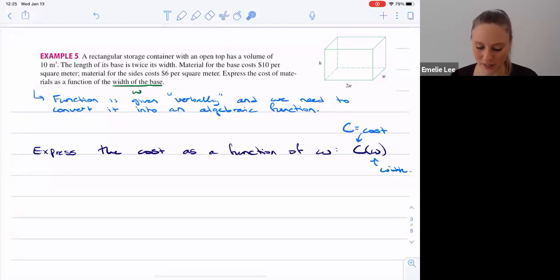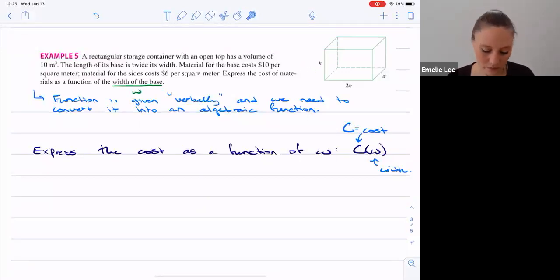The tricky part comes in when we have to incorporate H. So that's why we have this additional information, and that's going to be a common theme of these problems that we're solving, right? And so it's usually going to be a two-step problem or more. It could be a three-step problem, but just be aware of that, right? So even though the 10 meters cubed in volume doesn't seem to play a role, we're going to use that to rewrite h in terms of w.